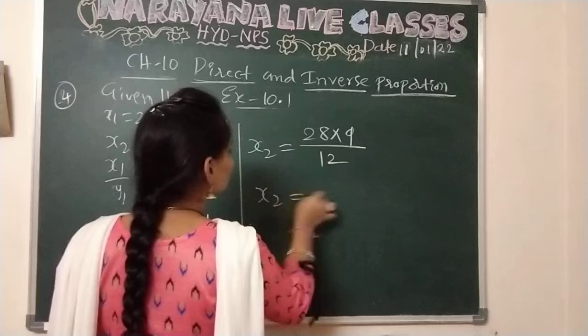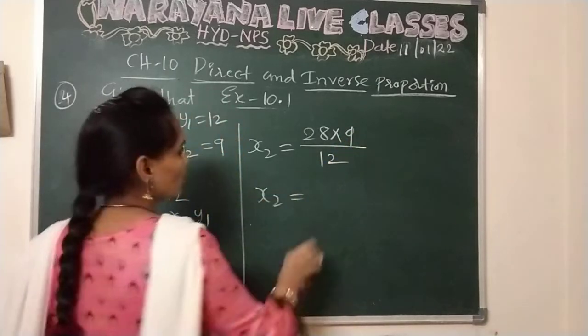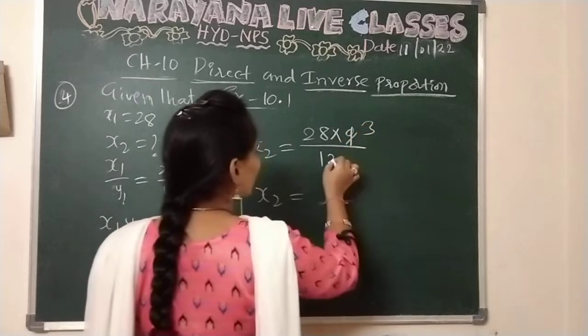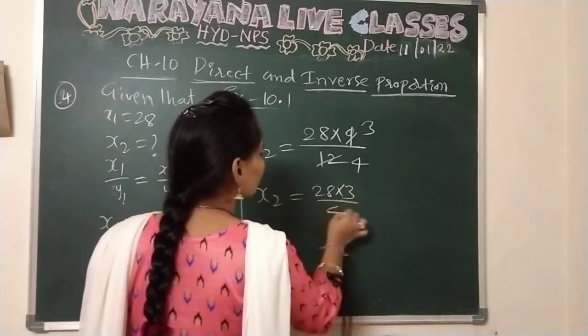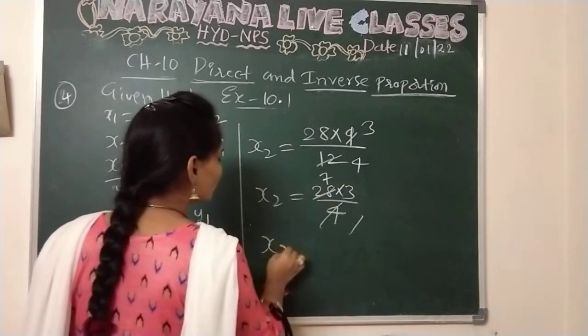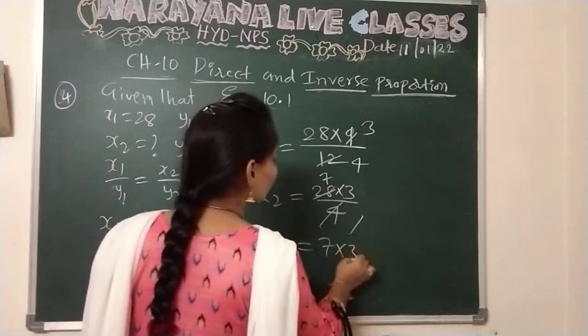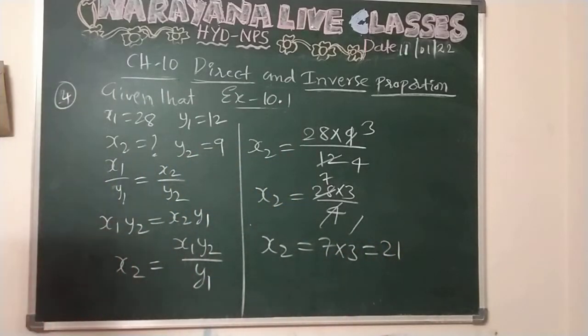If there is any cancellation, do it. Better to do it with the 3 table. 3 3s are 9, 3 4s are 12. 28 into 3 divided by 4. Now 4 1s are 4, 4 7s are 28. x2 is equal to 7 into 3, that is 21. Now you should write the conclusion.